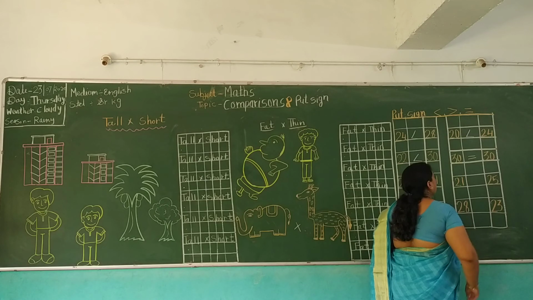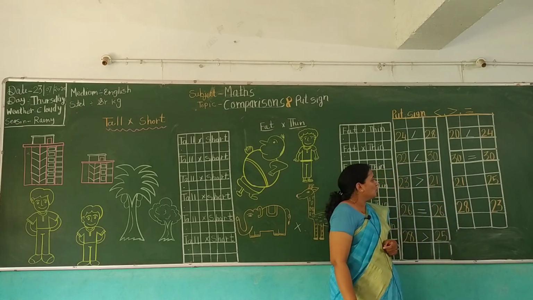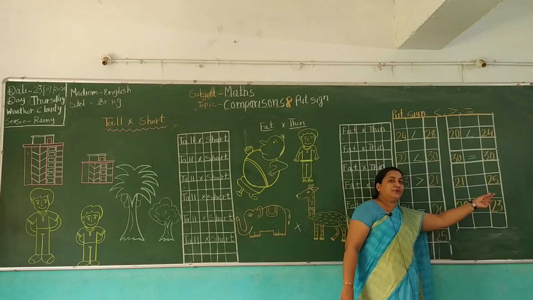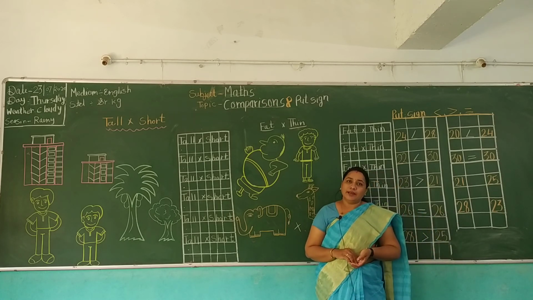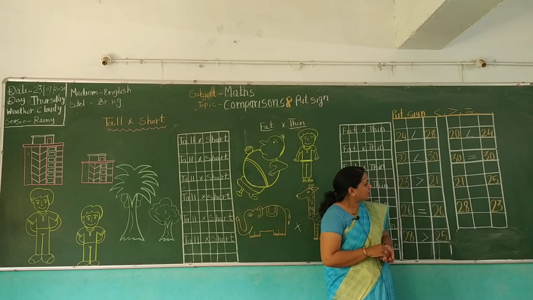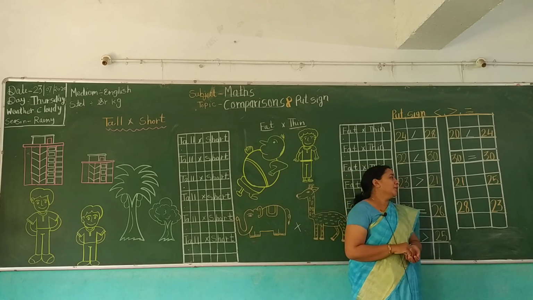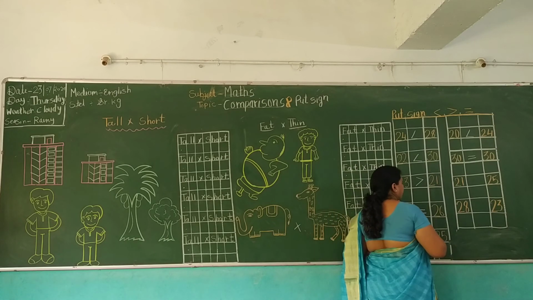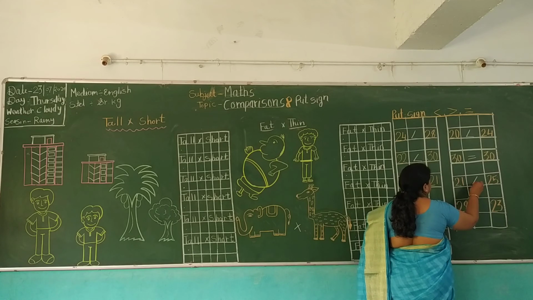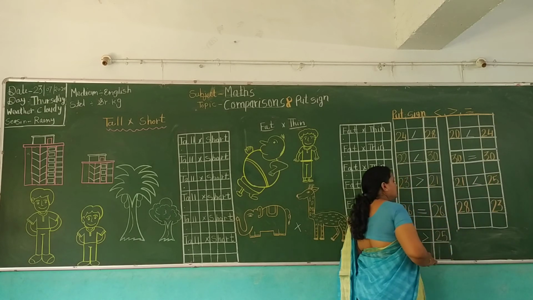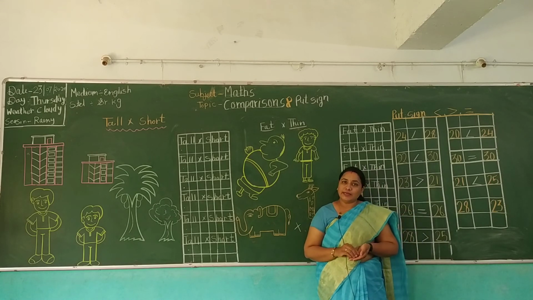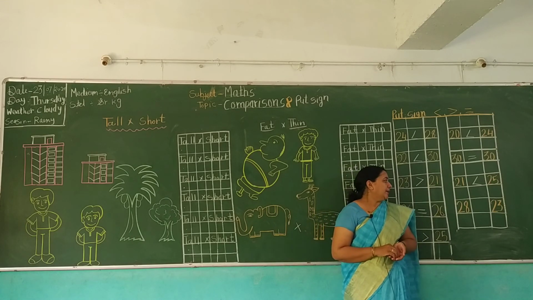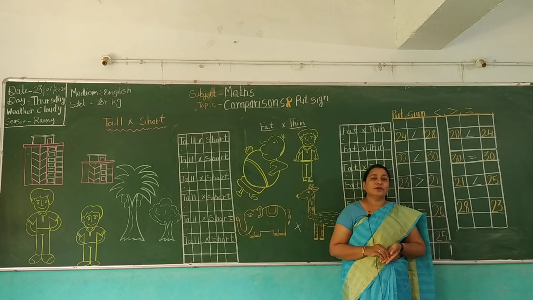And again next numbers are 21 and 25. Which number is bigger? 25. Then last, 28 and 23.